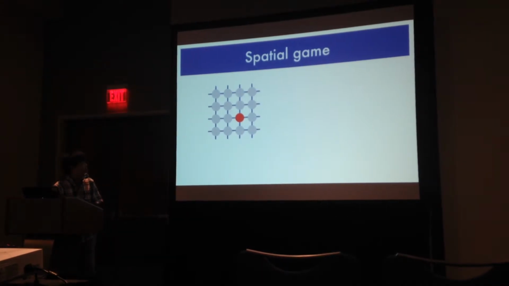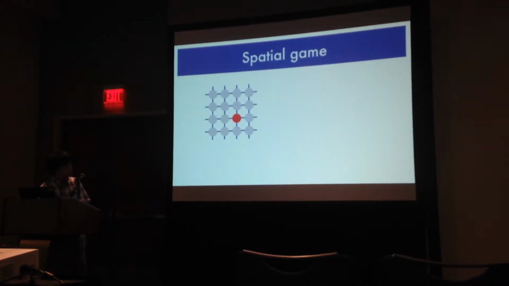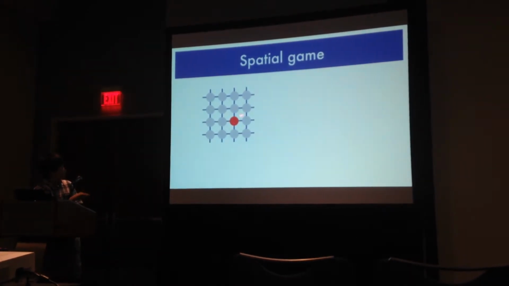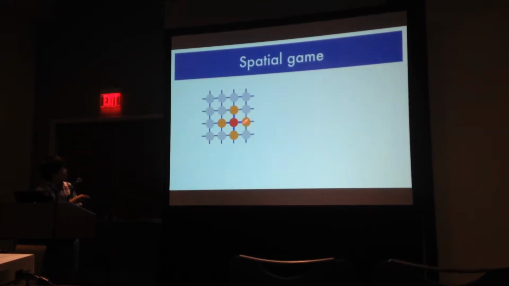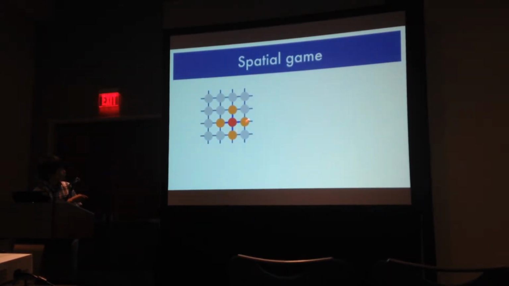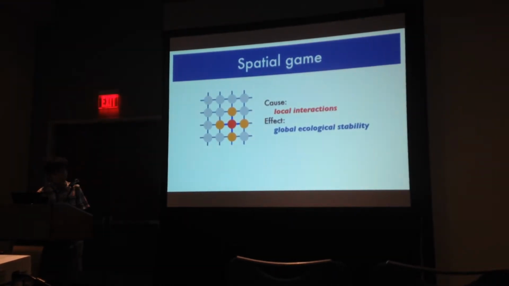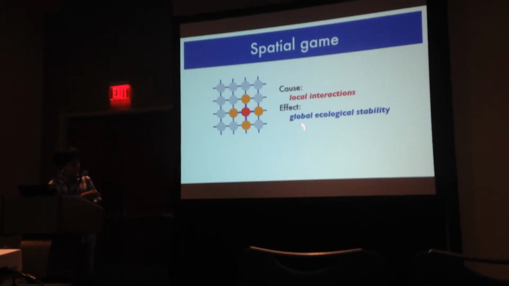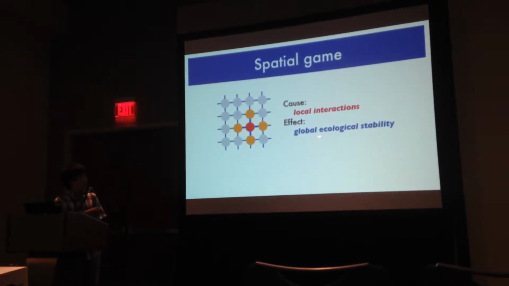If we put the system on a spatial grid, that means we restrict the individual, the red one, to interact only with its 4 nearby neighbors. An interesting concept comes up because the interaction is local, but the dynamics and the stability are global.